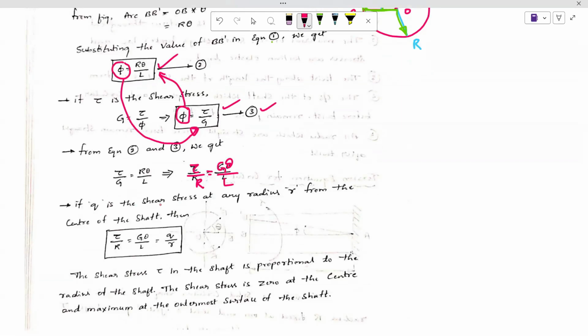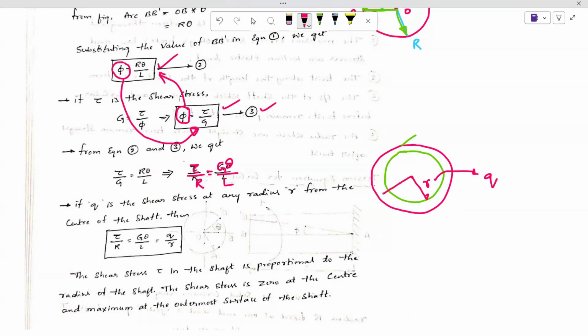If q is the shear stress at any radius, for example, if you consider a circle, the diameter of a shaft, from this center, except the outer surface, in any other radius, if you consider the radius as small r, the shear stress will be q.